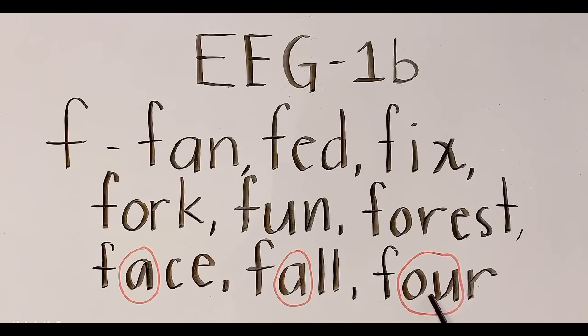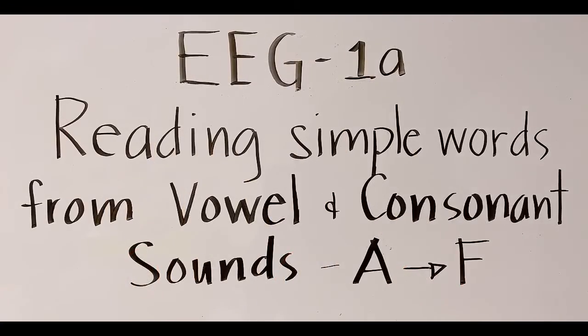O. Okay, but this is letter A. This is a combination of O and U. Okay, so this is read fall, and this one is four. Okay, so they almost have the same sound. Alright, okay? Yes, so we have just finished reading simple words from vowel and consonant sounds A to F.